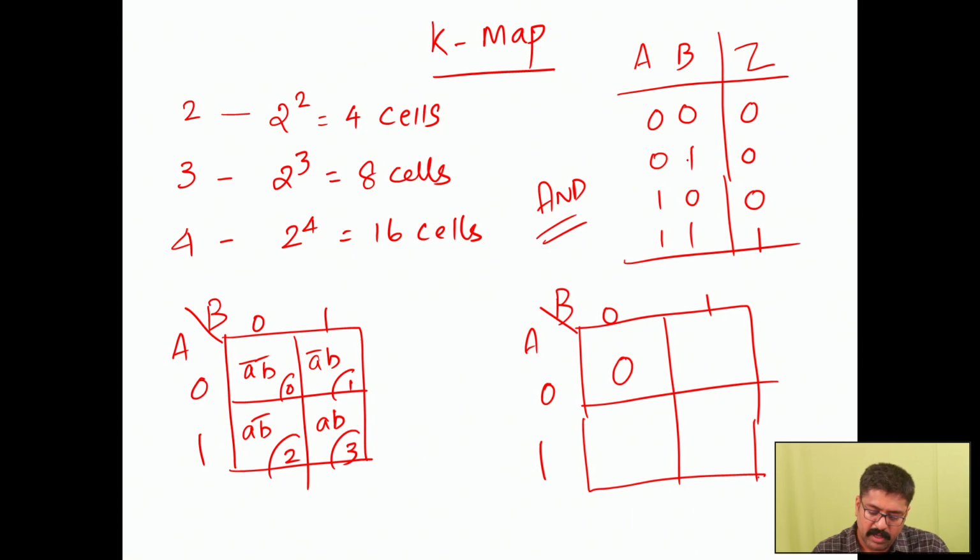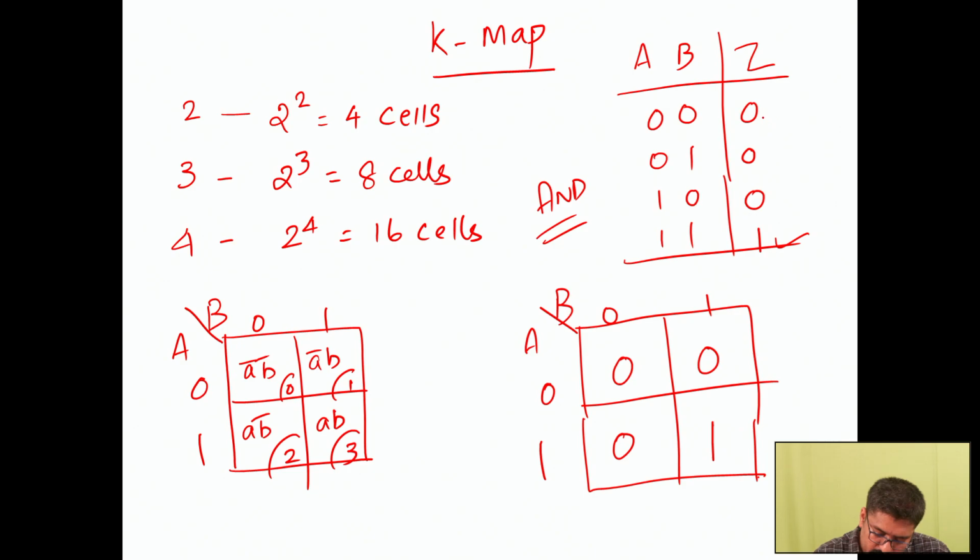If A is 0, B is 1, output is 0. Similarly, if A is 1 and B is 0, output is 0. If A is 1, B is 1, the output is 1.